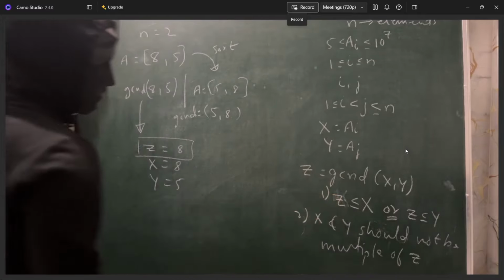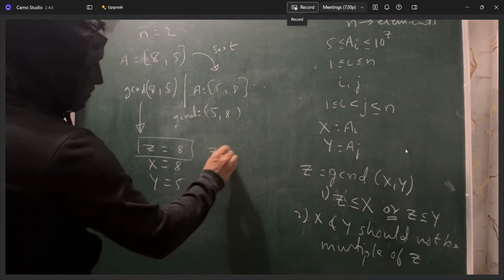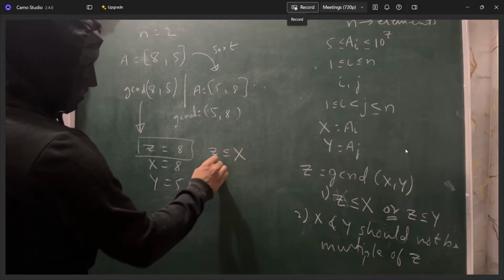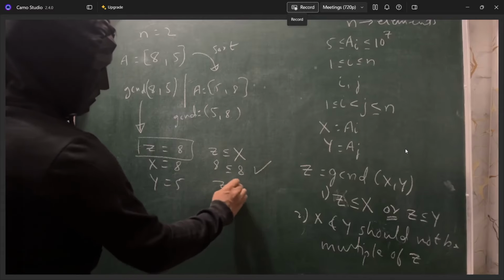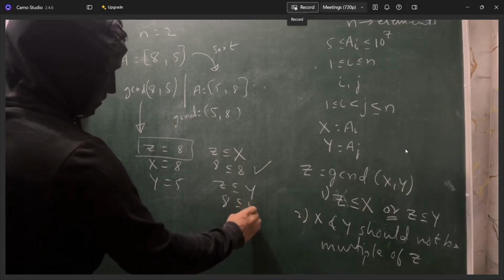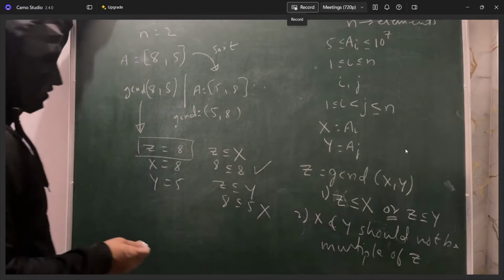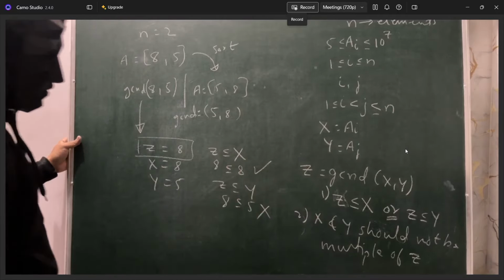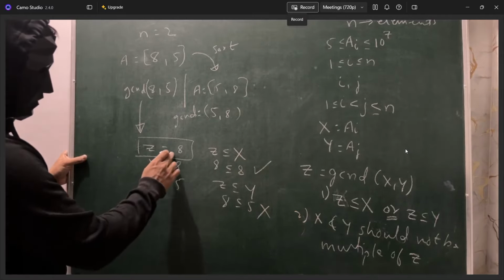The first condition is satisfied because z should be less than or equal to x, which is 8. This is correct, as you can see z is 8 and this is also 8. Also z should be less than or equal to y, so 8 less than or equal to 5 is false, but one condition is true, so the first condition is true. Now in the second condition, x should not be a multiple of z.